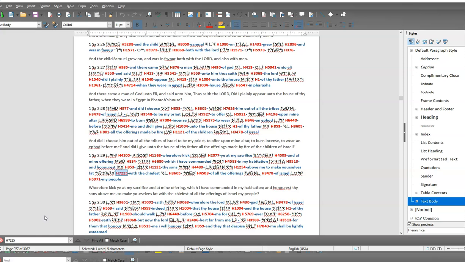What he's saying is, speaking to Eli about his sons, who Eli was, no offense, kind of a fat slob. That's how he's described. And his two sons were just the worst.